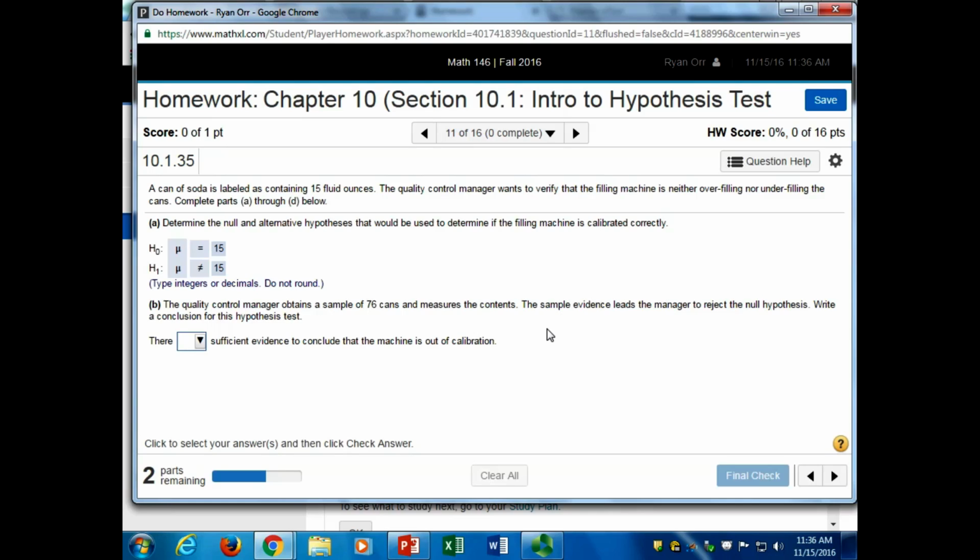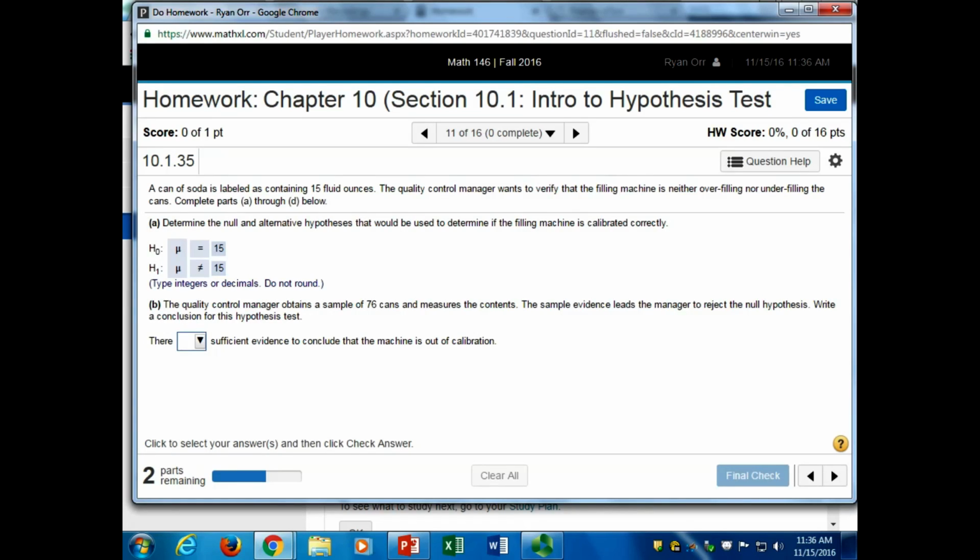Yeah, so what's the machine supposed to be doing? Filling the cans to 15 ounces. The null hypothesis is that it is 15 ounces, right? So the null hypothesis is our machine is working, basically. The alternative is that it's not.